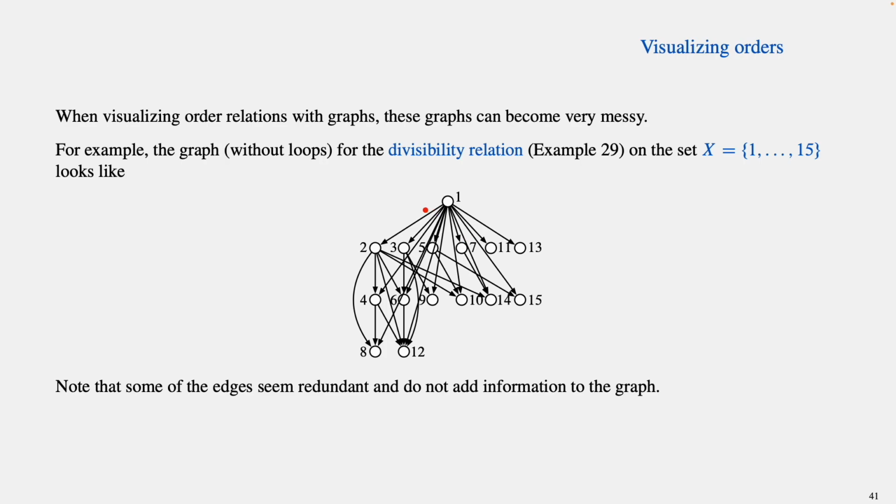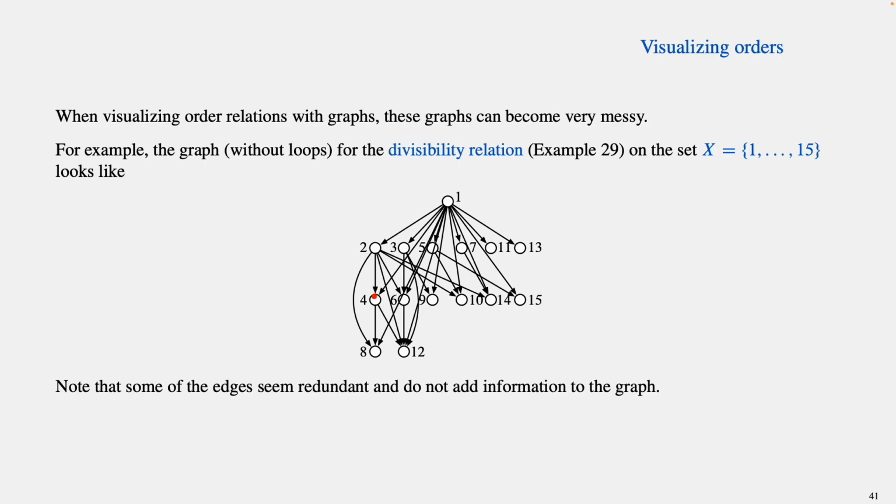So, for example, you see that 4 divides 8, 2 divides 4, but 2 also divides 8. And of course 1 divides 8 and 1 also divides every other element in this graph. And here I already left out the loops because every element divides itself.